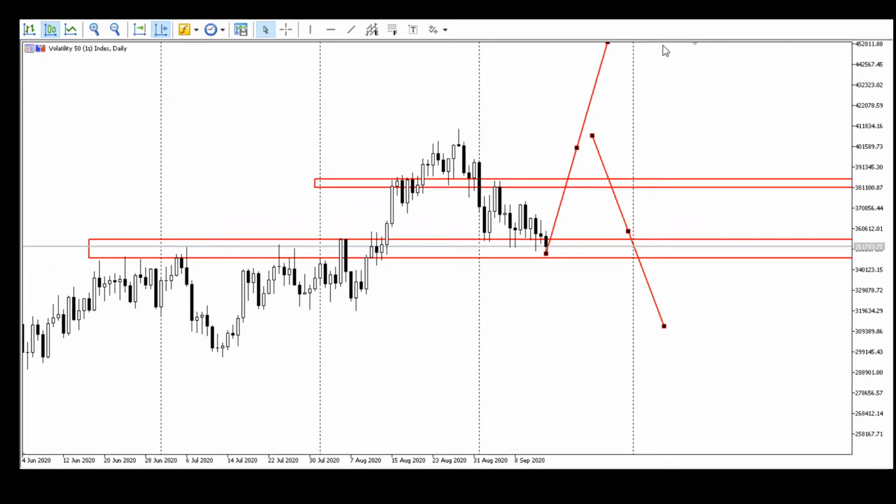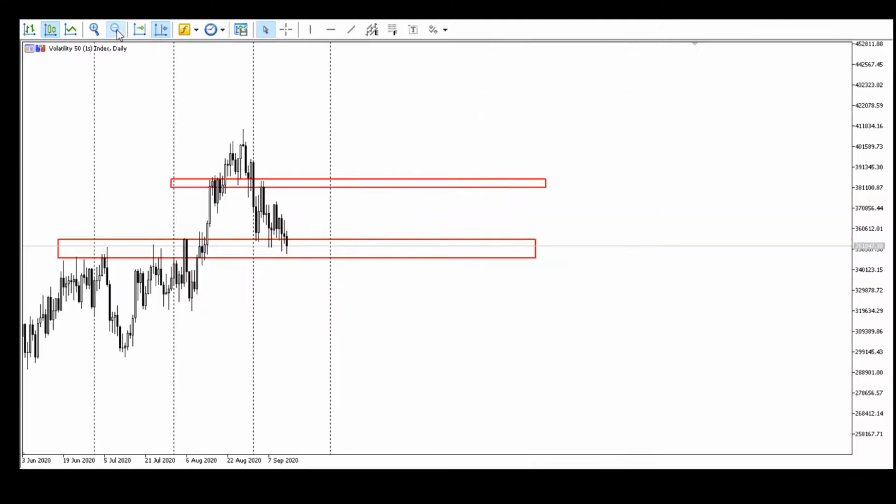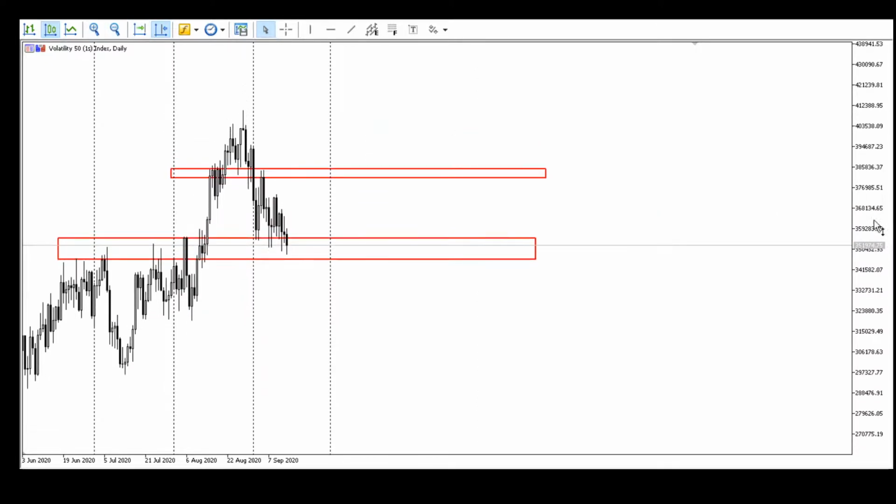It is continuation. So all of this is possible, but you need to understand where is your TP. If you buy, where is your TP? So what you need is to be flexible.